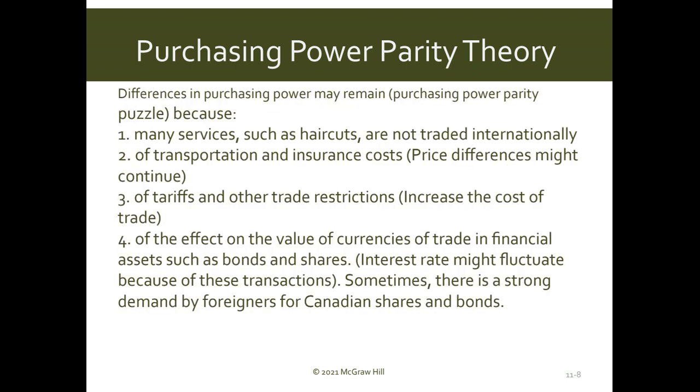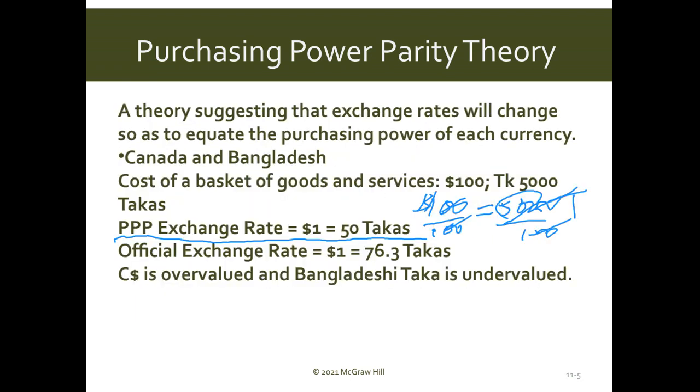Now, sometimes we don't have this exact equality. Let me go back to the Bangladesh example. I told you that if the cost of the basket is 5,000 takas in Bangladesh and $100 in Canada, then the exchange rate should be $1 equal to 50 takas. But in reality, that is very difficult. Why?